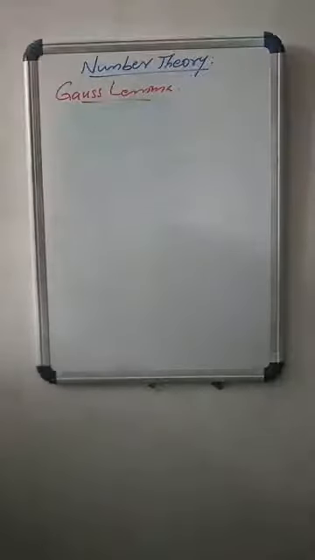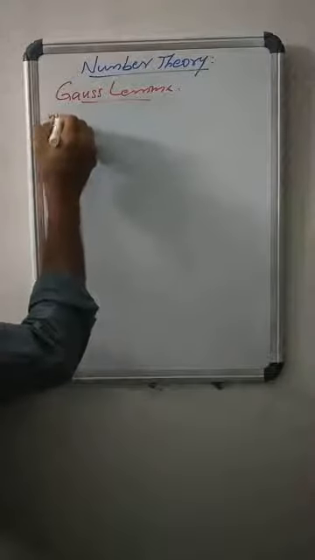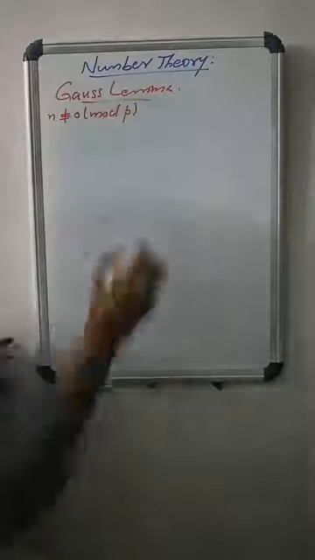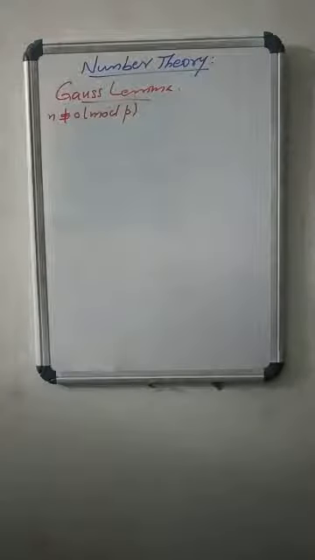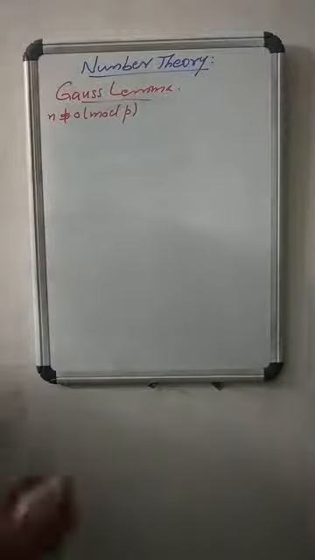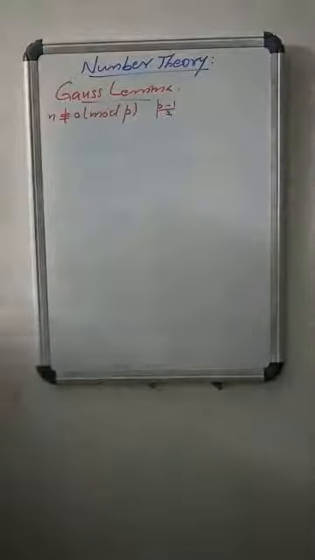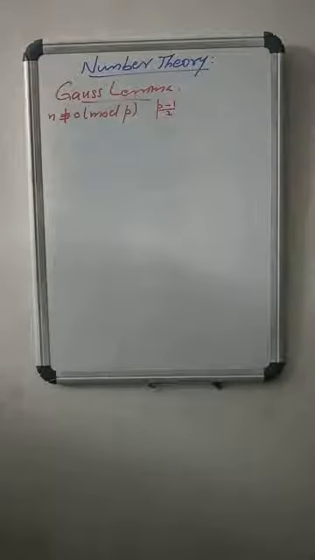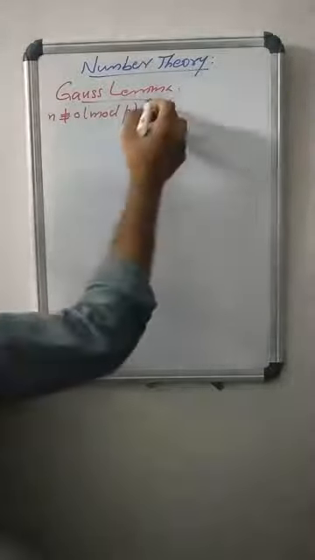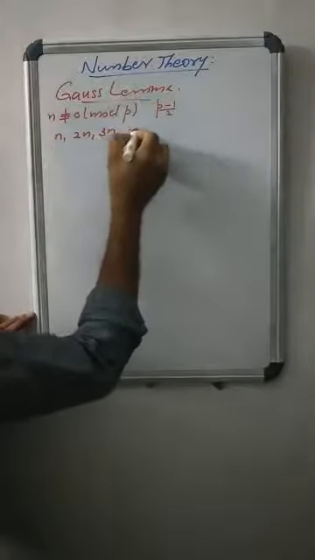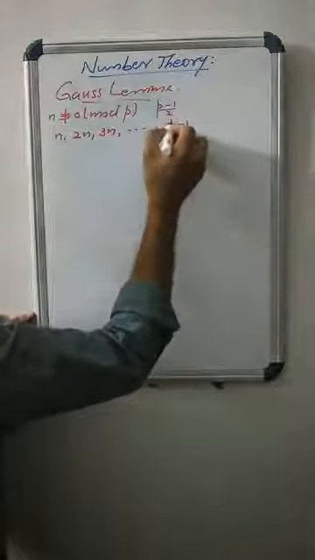So the lemma states that for n not congruent to 0 mod p, consider the least positive residue mod p of the following (p minus 1)/2 multiples of n. (p minus 1)/2 multiples of n means that is n, 2n, 3n, etc., up to ((p minus 1)/2) n.